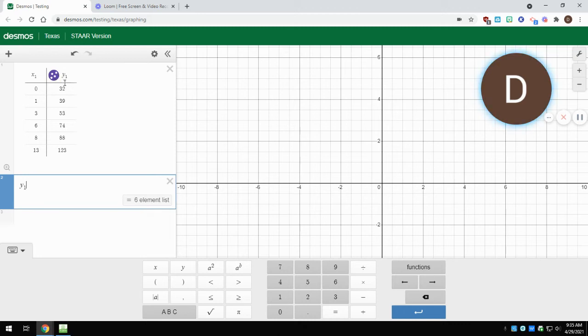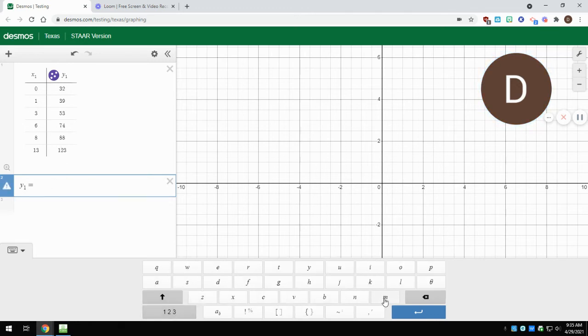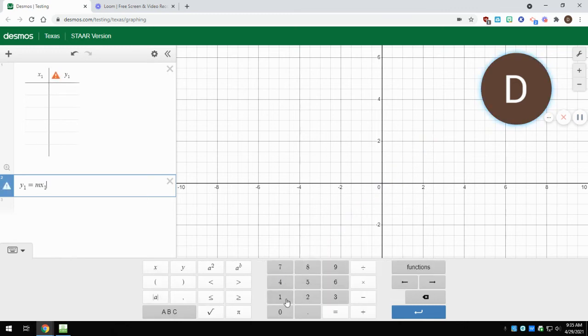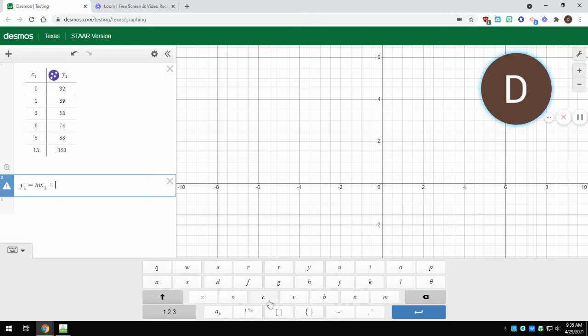So we need to tell Desmos, hey, you need to use these values for Y1. So these are the numbers to use. Equals MX, again, we need the 1. So we need to tell it specifically X1, plus B. And if y'all can guess what has gone wrong here.